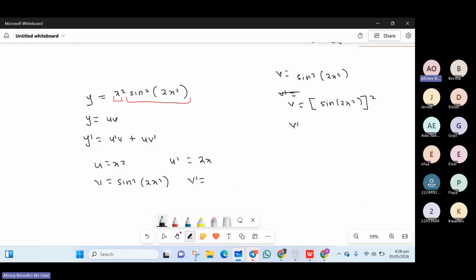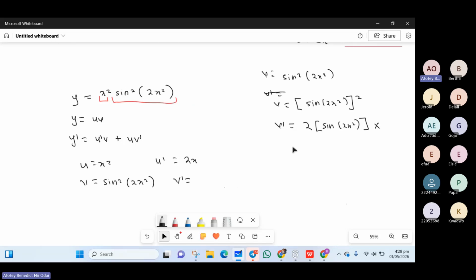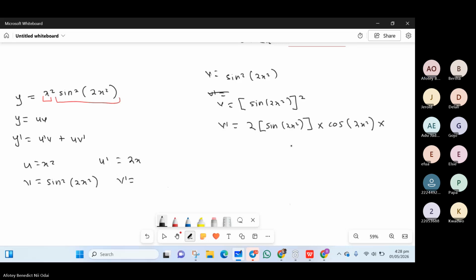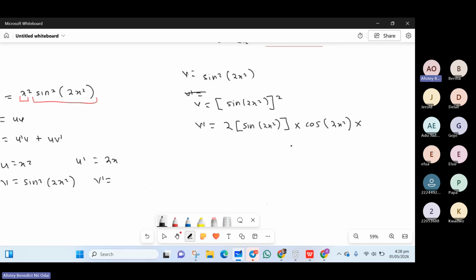So v prime is 2 sine 2x squared times the differential of the inner function. The differential of sine 2x squared is cos 2x squared times the differential again of the inner function.